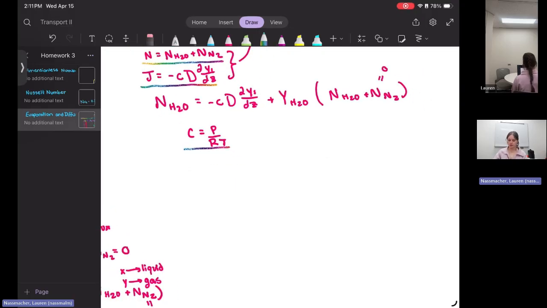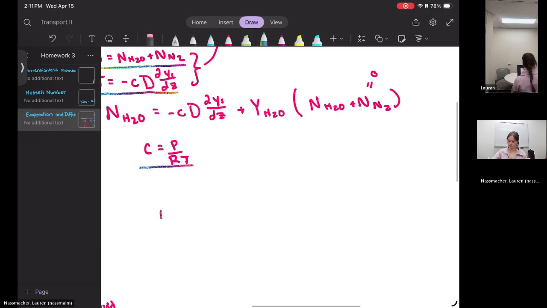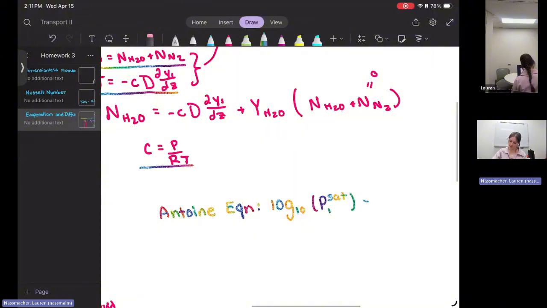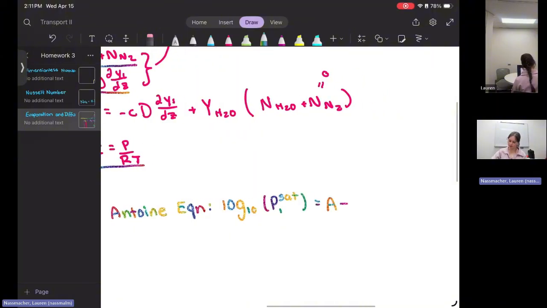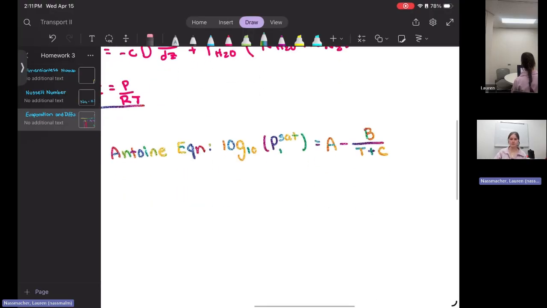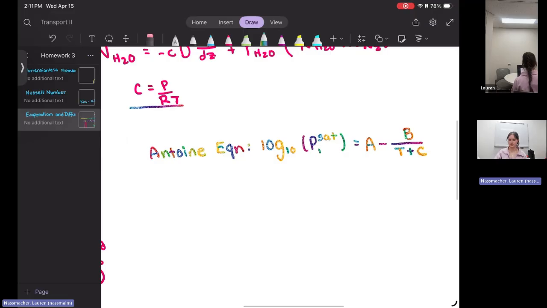And you can use two different concepts, depending on what information you have: Antoine's equation and Clausius-Clapeyron. Antoine's equation is log 10 of our pressure equals A minus B over temperature plus C. A, B, and C are usually given to you.